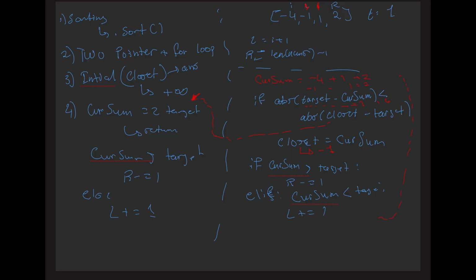And at this point, we are done with our while loop of the pointer, which will force us to come down here. And now we go back to our for loop, and it's going to be right here. Our left pointer is here and the right pointer is there. So at this point, our current sum would equal, oh, sorry, let me go ahead and delete some of this stuff.